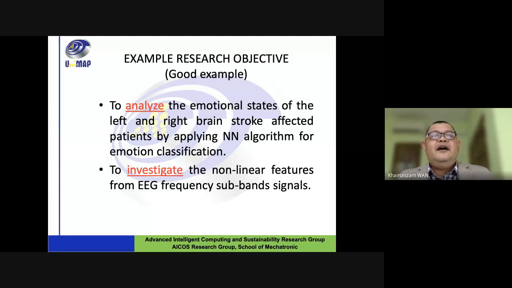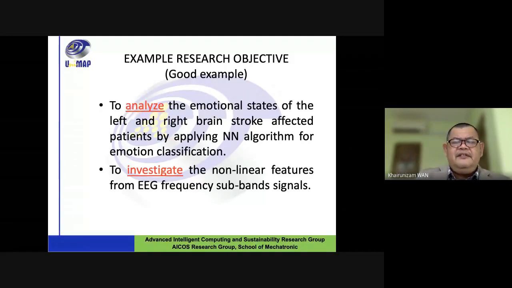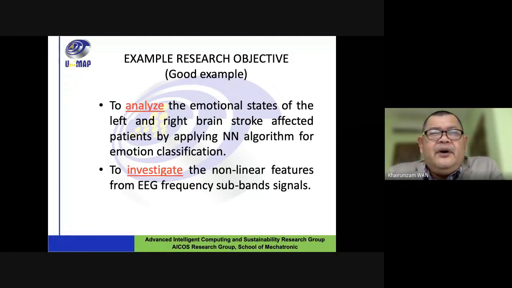First is to analyze the emotional state of left and right brain stroke affected patients by applying a neural network algorithm for emotion classification. In the first objective, the term in red, analyze, is the feature. Why do I want to highlight it? Because this is the keyword to show that the objective is measurable: to analyze.